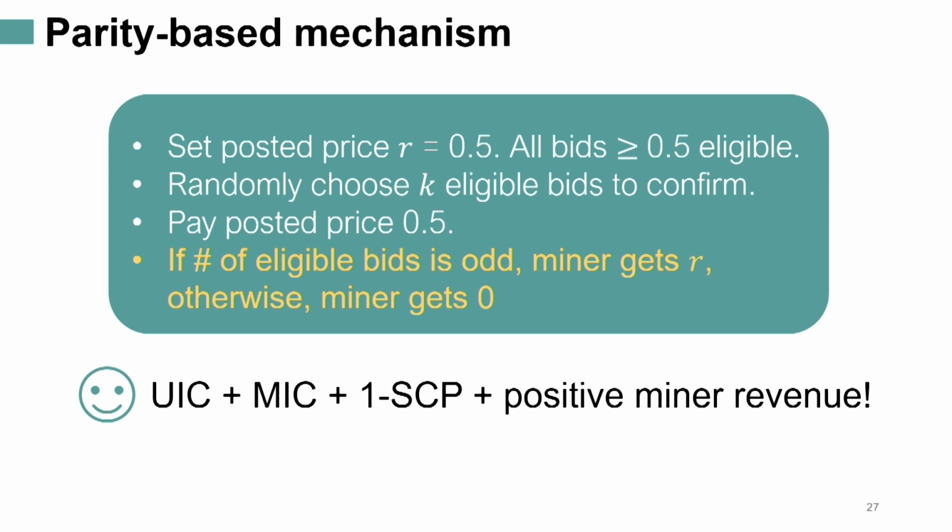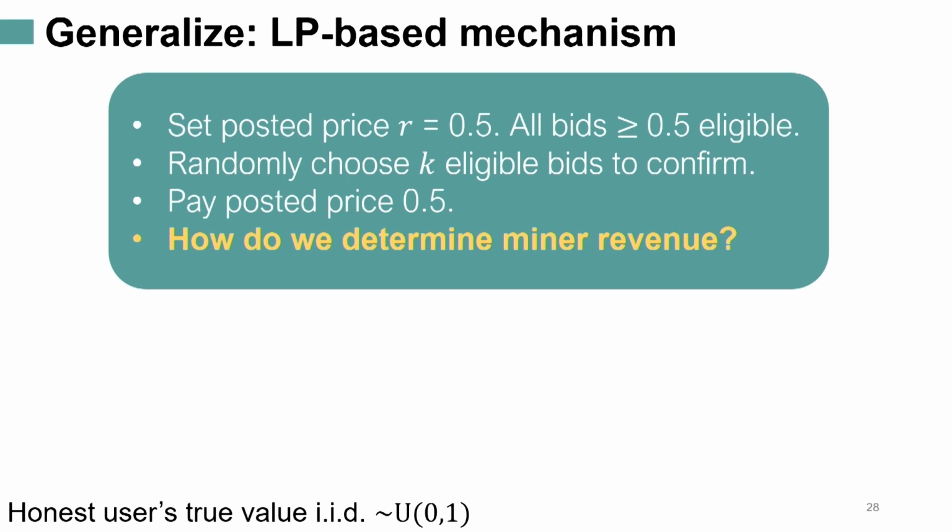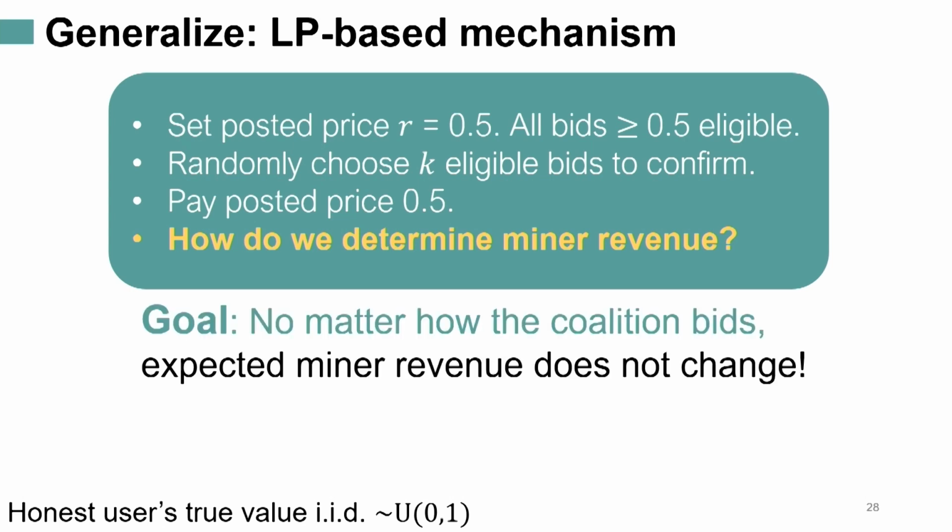To generalize this idea, the only difference is really how we determine miner revenue. From the proof sketch I just described, the crux is to make sure that no matter how the coalition bids, expected miner revenue does not change. And we show that this goal can actually be transformed into a linear program.